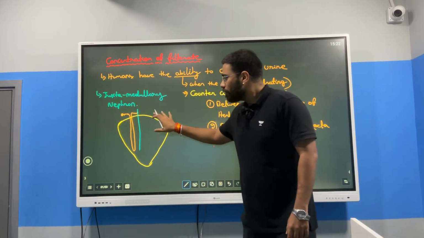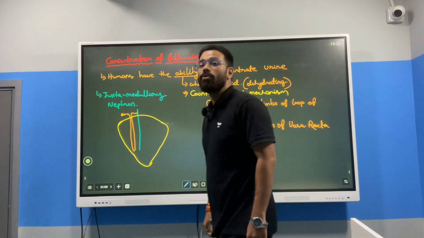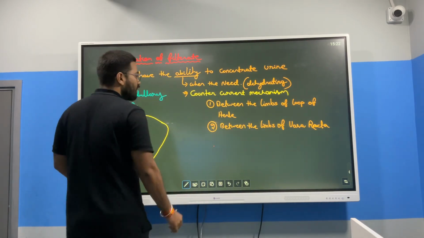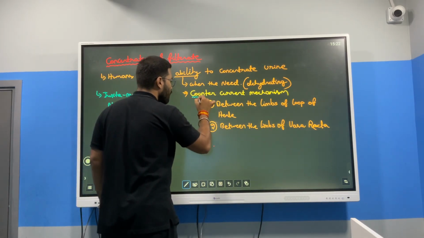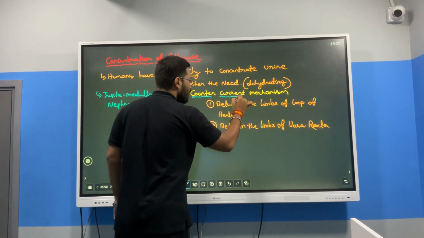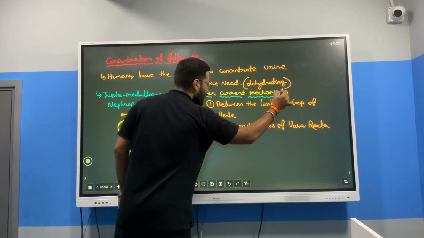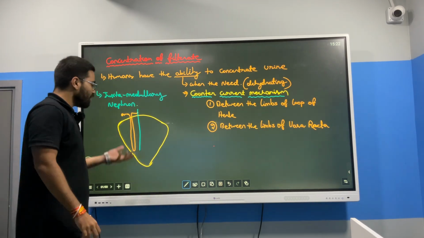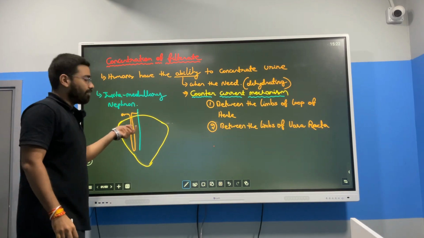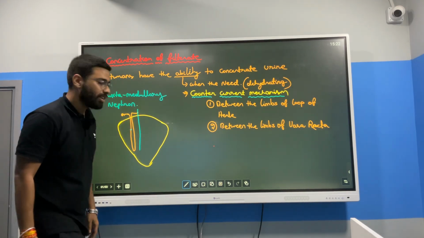Understood? Now to understand the most important topic of counter current mechanism, let's get deep into the mechanism and structure of this juxtamedullary nephron.